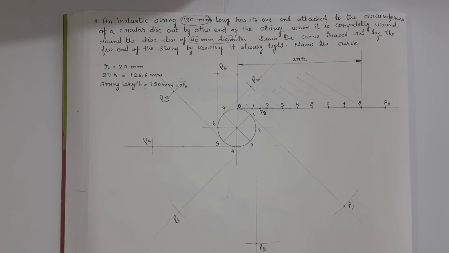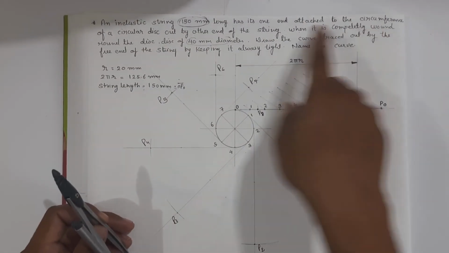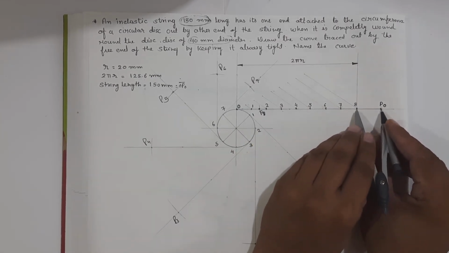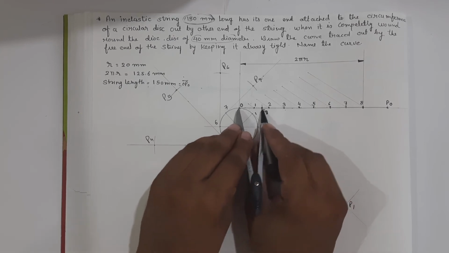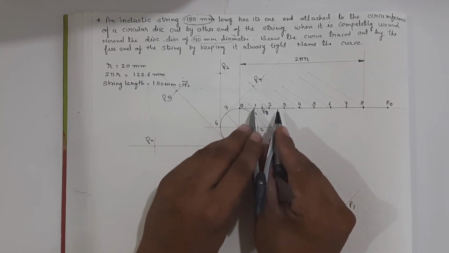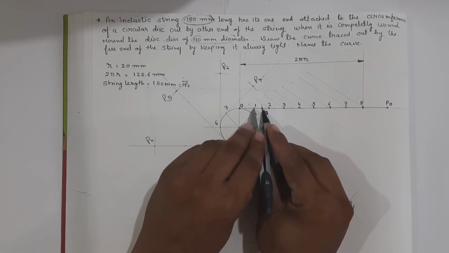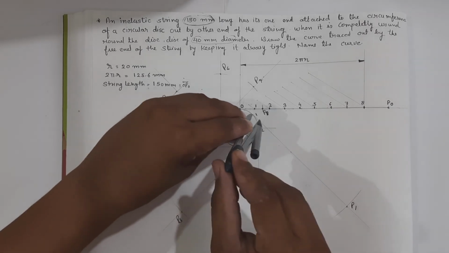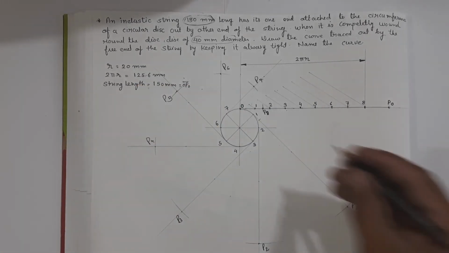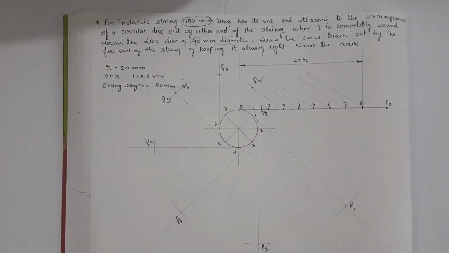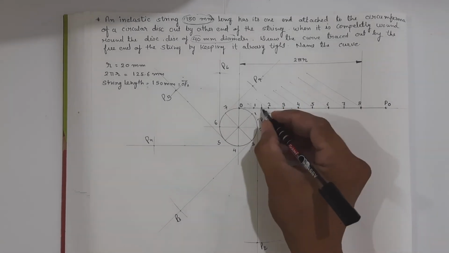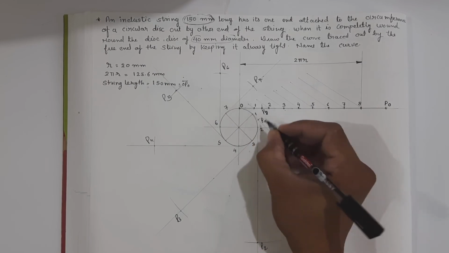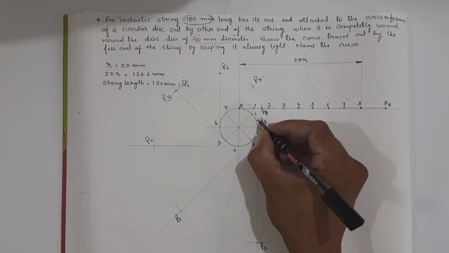Now as we have to wound the string completely around the circle, after measuring 8 to P0 and giving an arc on the tangent passing from the 0 point, now measure 1 to P8, put your rounder on 1 and again give an arc on the tangent passing from the first point of the circle. So this will be the P9 point. The string will completely wound in between the first and second point of the circle over here.